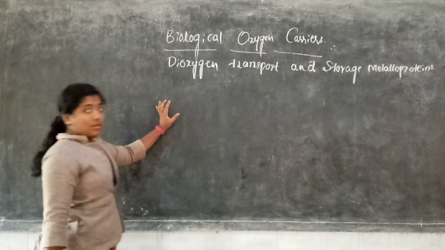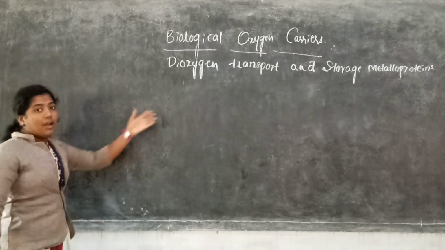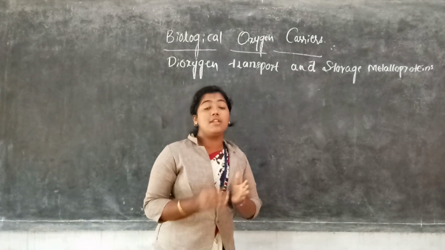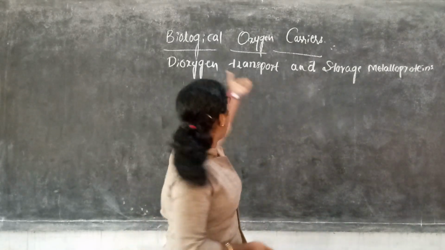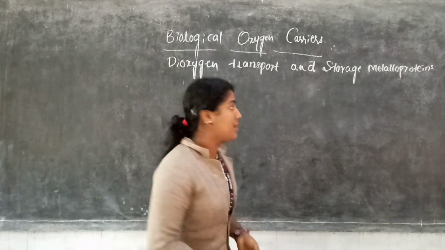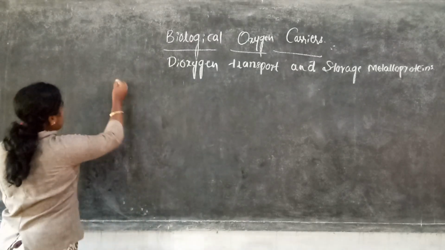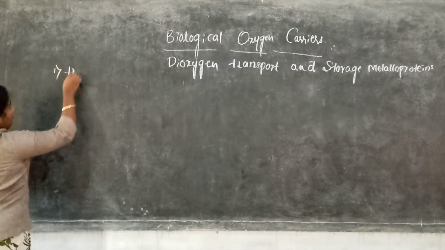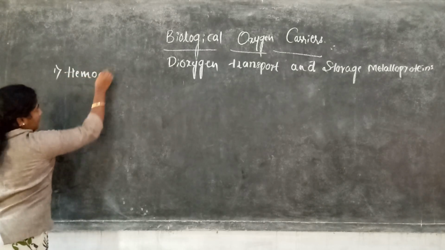Okay. Here under that we have discussed about some of the important dioxygen carriers, means biological oxygen carriers. Under that the first one is hemoglobin.